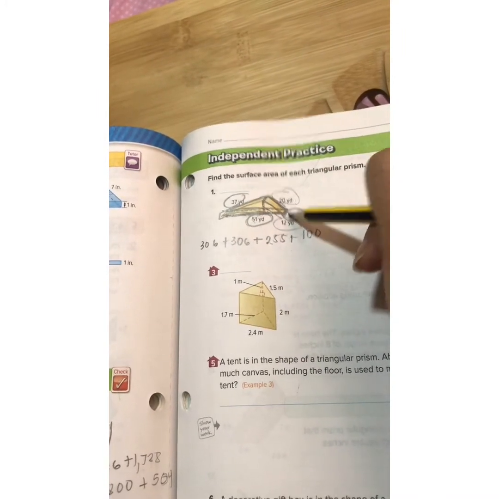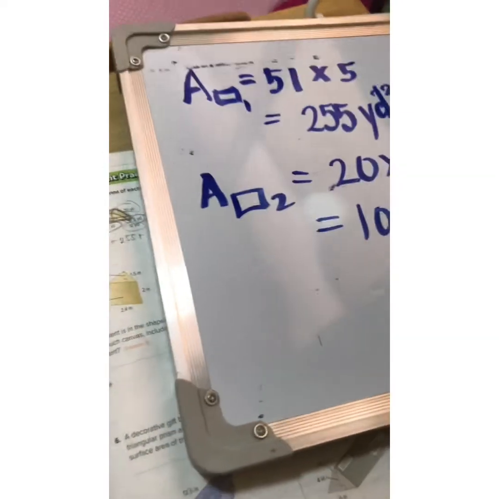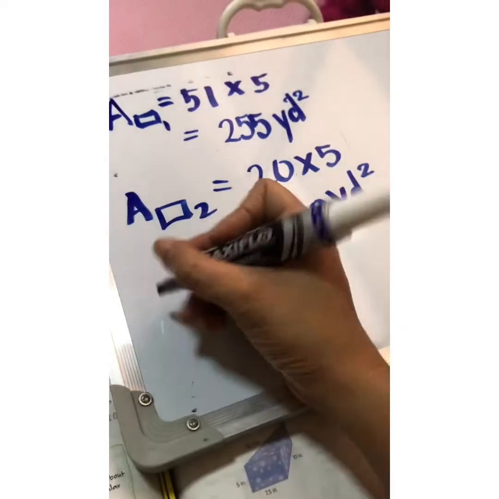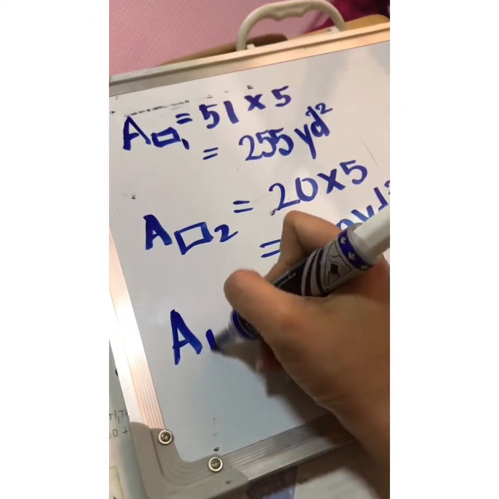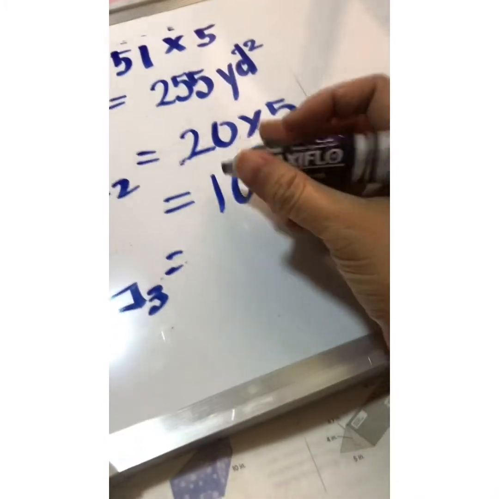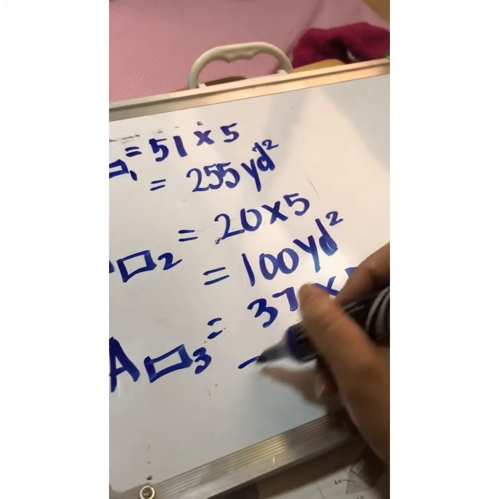So that means if this is 5, so that side is also 5. So we only multiply 37 by 5 for our last rectangle. Area of rectangle 3 equals 37 multiplied by 5.